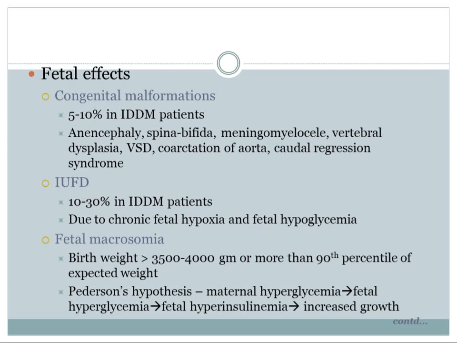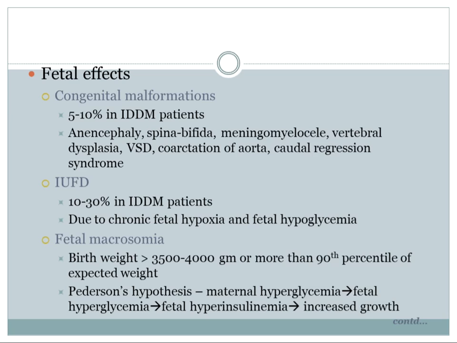Now, what happens to the fetus? In the fetus, there may be congenital malformations. See, normal incidence of congenital malformations is up to 3%, but here the incidence may be up to 10%. And this is particularly more if the patient is a pre-gestational diabetes patient. Pre-gestational diabetes means the patient was already having hyperglycemia and she became pregnant. So in the first trimester, there is hyperglycemia.